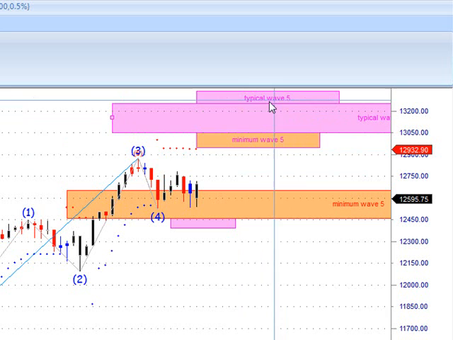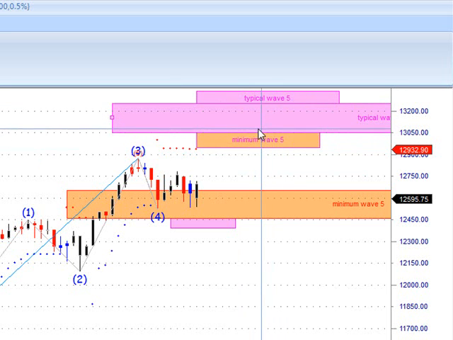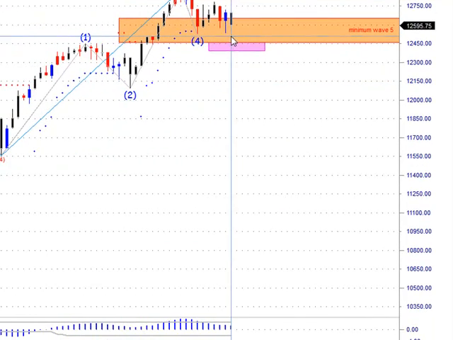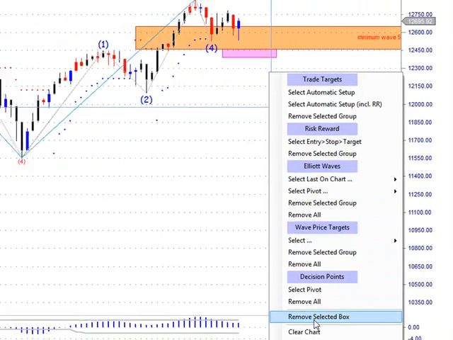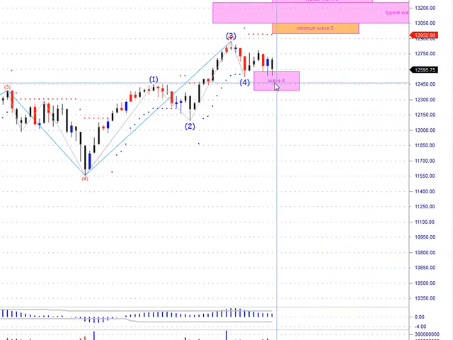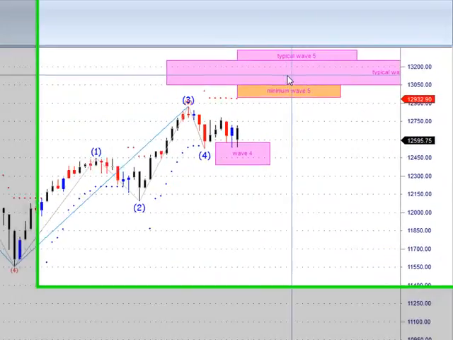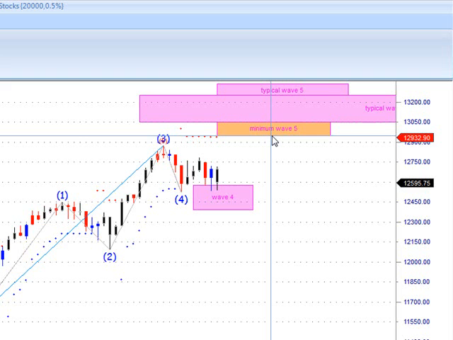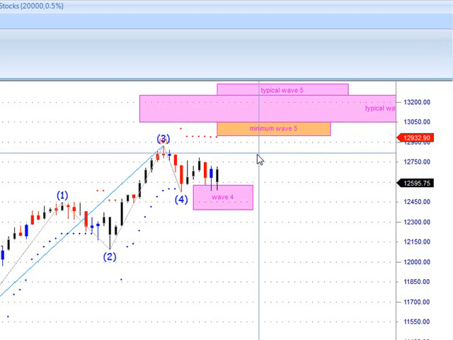So you can see this would be a big area of resistance. We get up into that 13,000 area, which, let's say if wave 4 support holds, I'll just take this out here. If the wave 4 support holds here, then we should see that 13,000 area, at least this minimum wave 5 now, which is close to 13,945 or so.